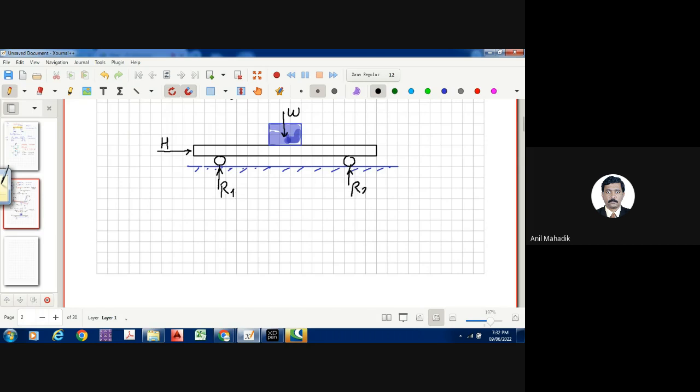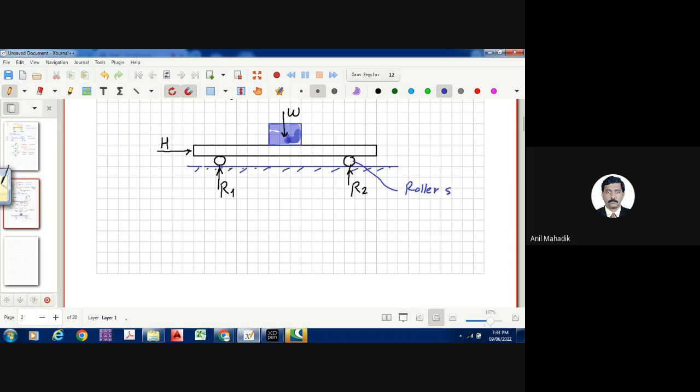There is a reaction available here, but horizontally there is no reaction because this roller is moving in this direction and nobody is resisting. What kind of support is this? We call it a roller support.